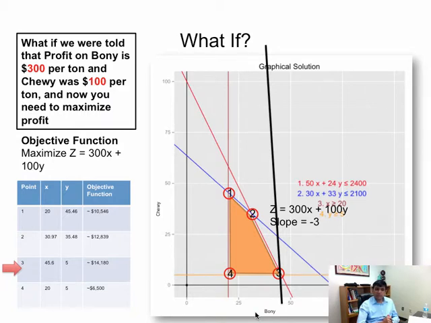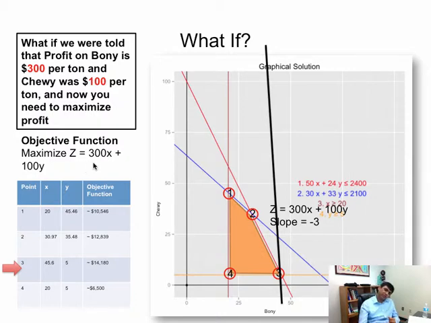We are told that the bony type gives us a profit of $300 per ton and the chewy type gives us a profit of $100 per ton. The management wants us, in this case, to maximize the profit. So our objective function will translate to z equals 300x plus 100y, where x is the amount of bony type produced and y is the amount of chewy type produced.